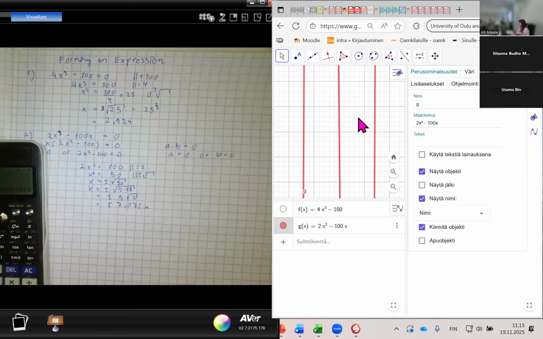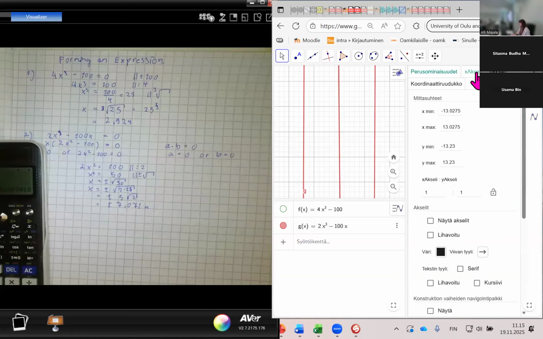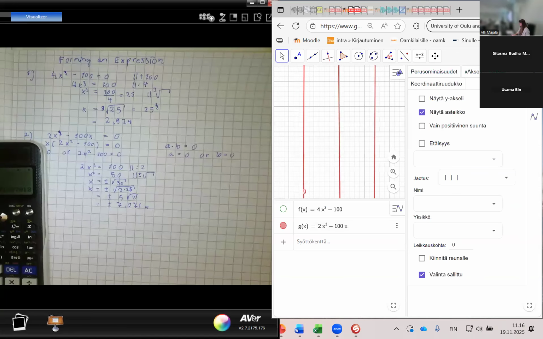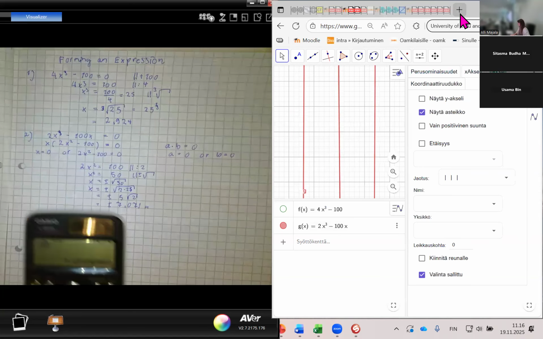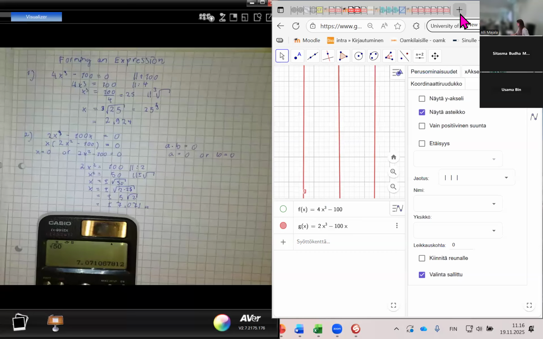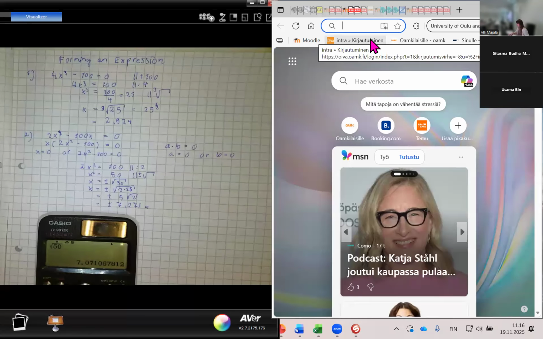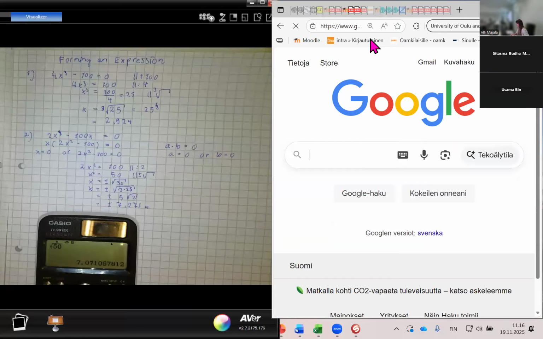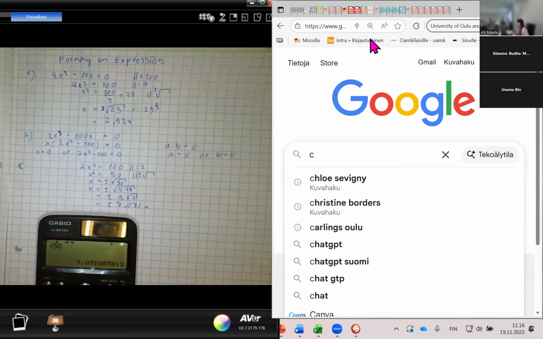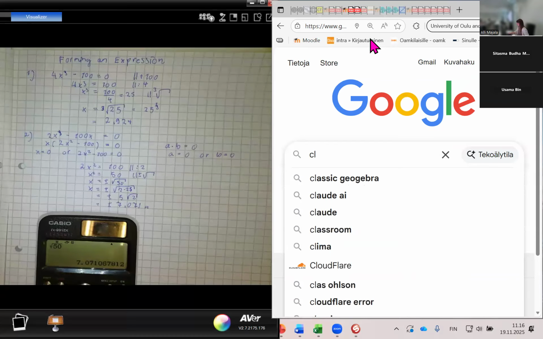Okay, I somehow managed to lose all the axes. But anyhow, I already saw that it was correct. A teacher can do everything very, very smoothly. I'll try again. For sure, you could have told me how to get the axes back.